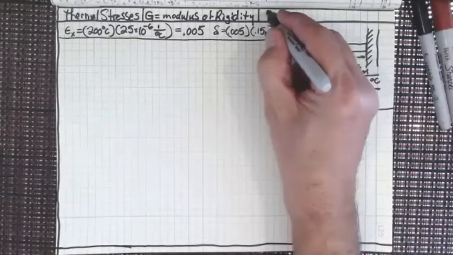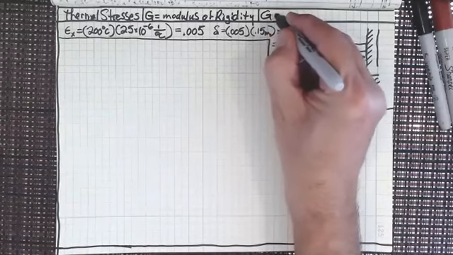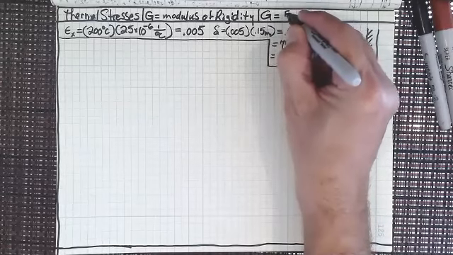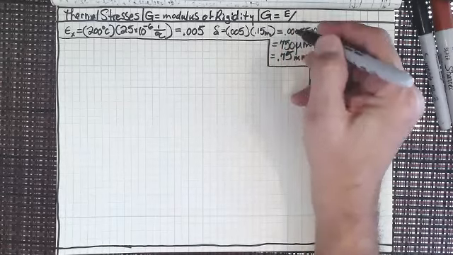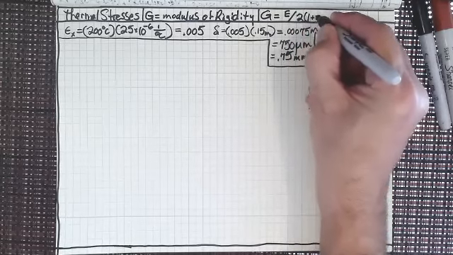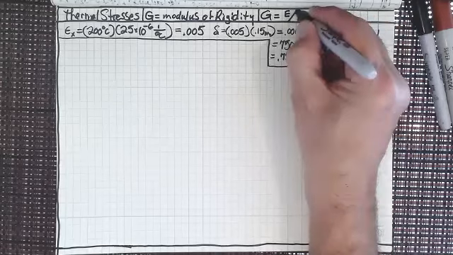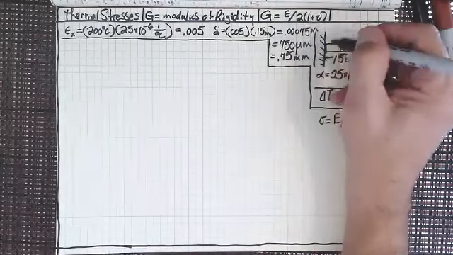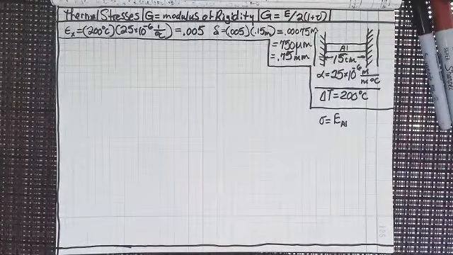So G, modulus of rigidity, is always going to be E divided by 2 times 1 plus Poisson's ratio, right? So always remember that relationship between the two.